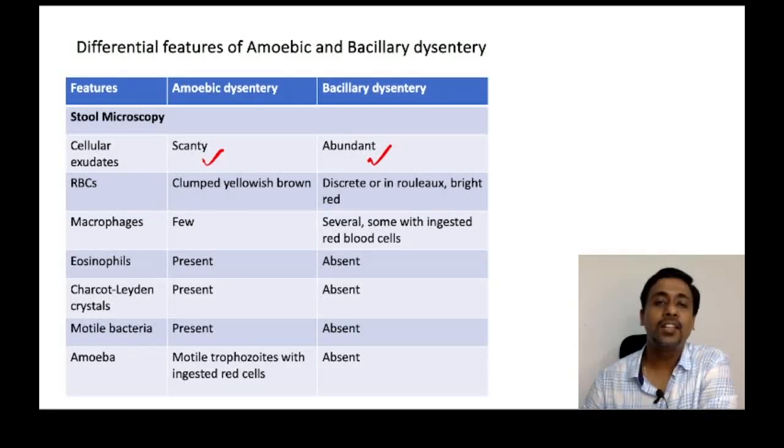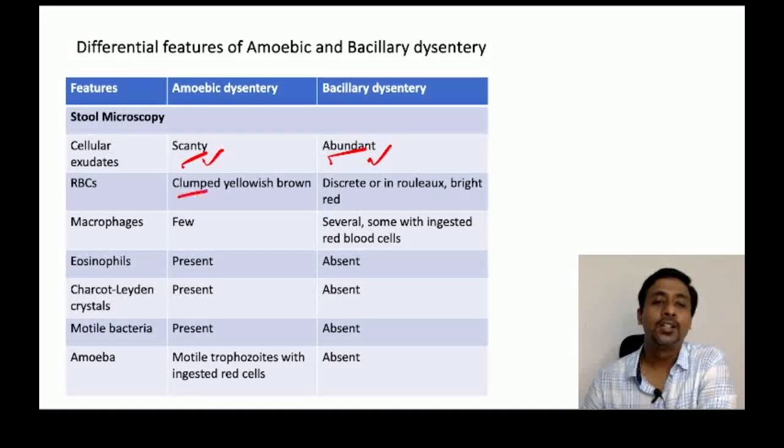The reason behind this is that bacillary dysentery is basically an inflammatory process, whereas amoebic dysentery is not an inflammatory process, it occurs slowly and gradually. So because of that, inflammatory cells are not present in case of amoebic dysentery, whereas in bacillary dysentery, as it is an acute inflammatory reaction, cellular exudates can be present in the microscopic examination of the stool.